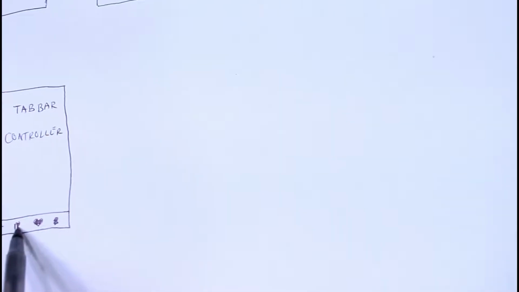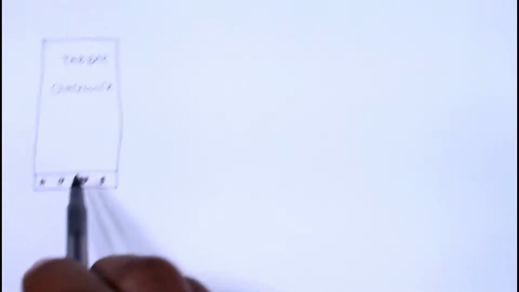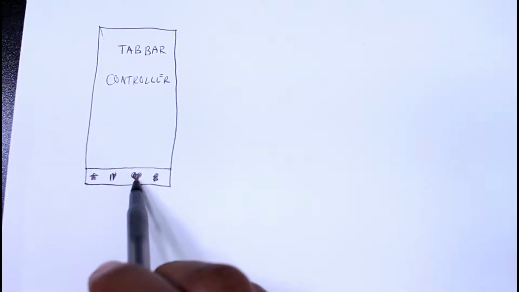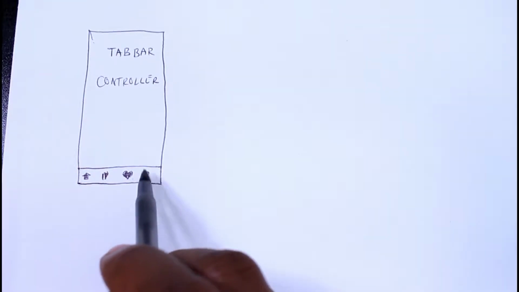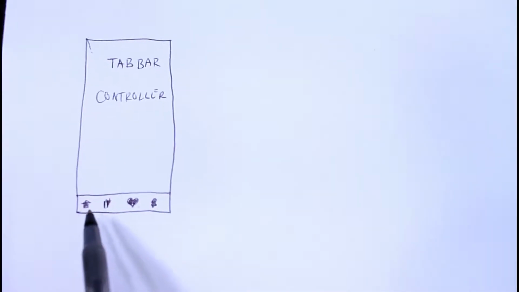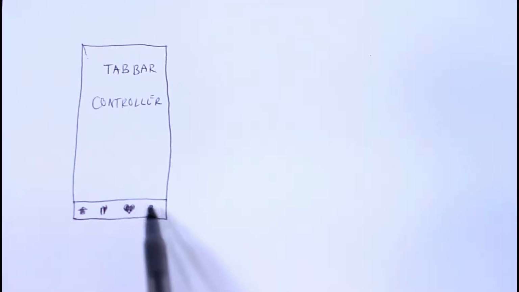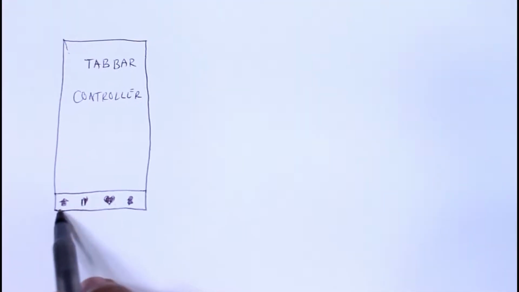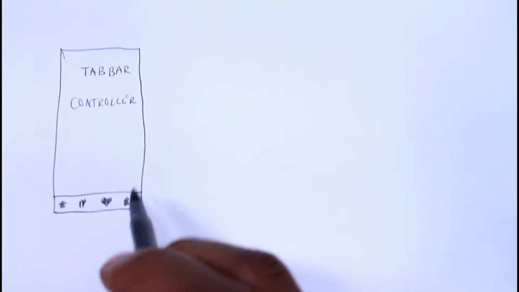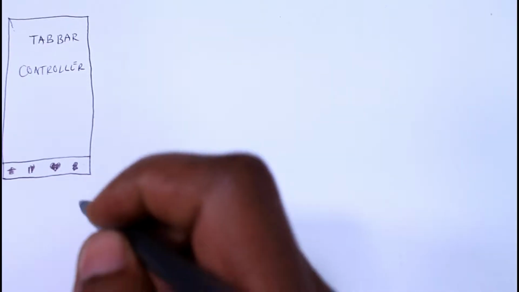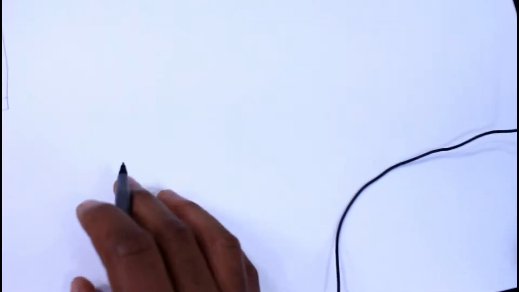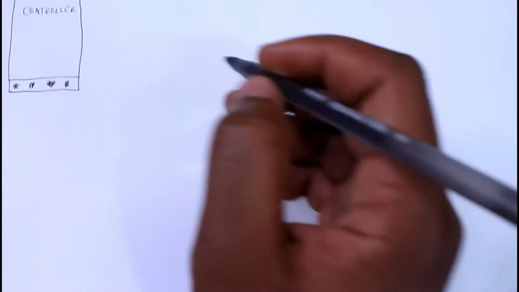This categories is gonna be a table view controller. This favorite is gonna be a table view controller, and then this profile can be a view controller we customize ourselves. So once we start embedding those table view controllers for each of these four items, we have to add navigation to them, right? So what am I saying, right?